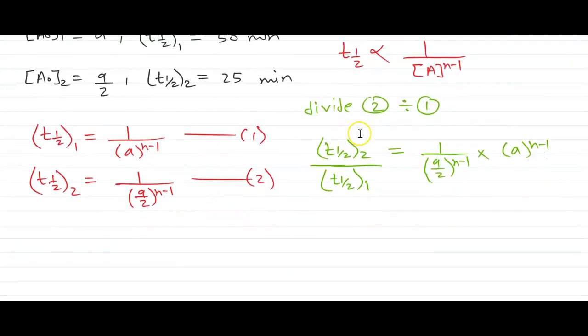Okay. Now, when you simplify this, after simplifying we'll get it to be like this. A by 2 concentration will be A raised to power n minus 1 divided by A raised to power n minus 1 divided by 2 raised to power n minus 1.